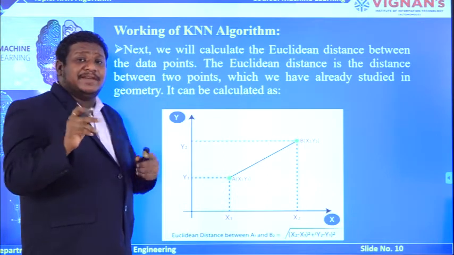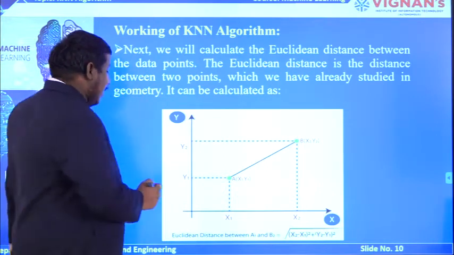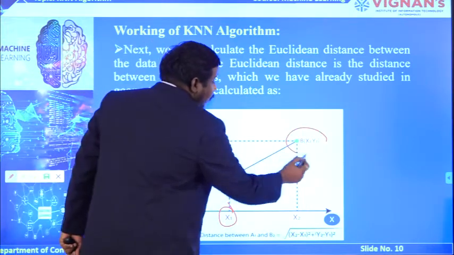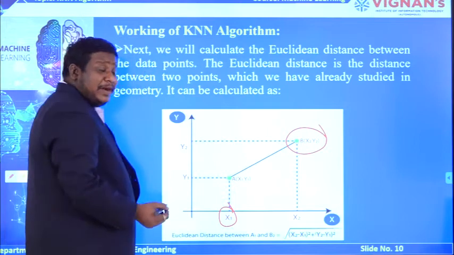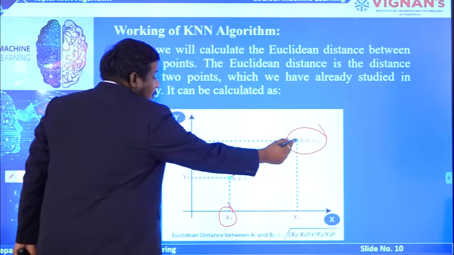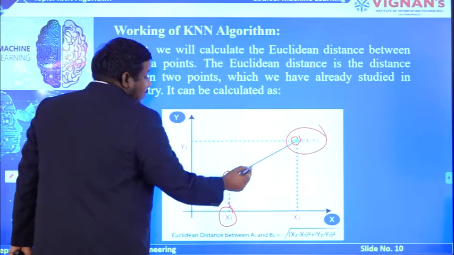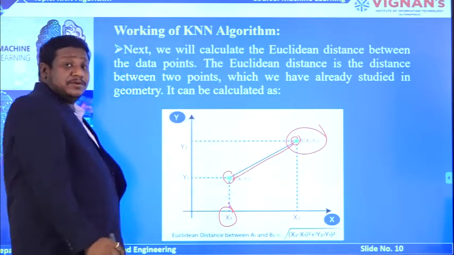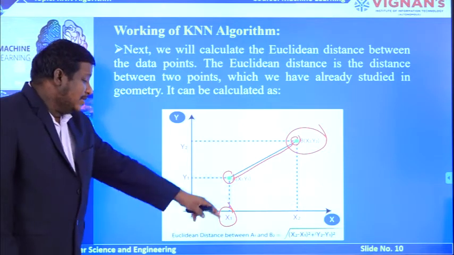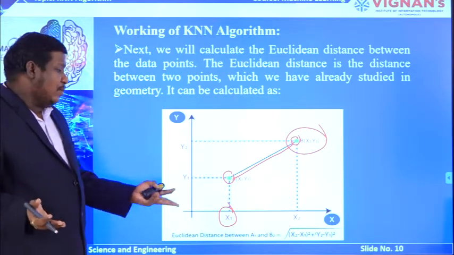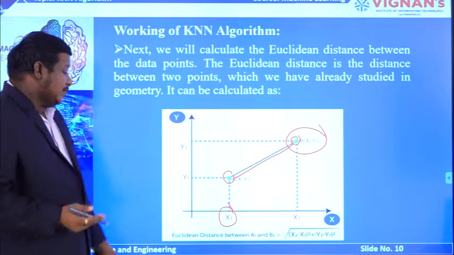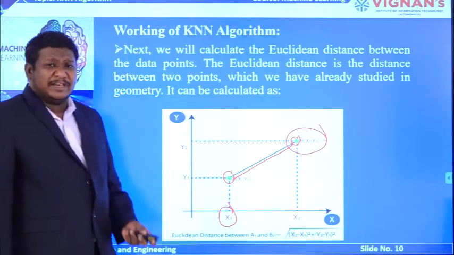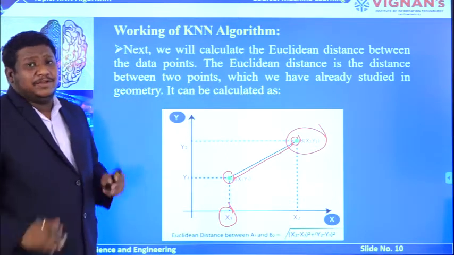I told you, x1 and y1 belong to category A and x2 and y2 belong to category B. Now you need to calculate the Euclidean distance between these two, x1, y1 and x2, y2. So what formula do we use? This is the basic mathematical formula used to calculate the Euclidean distance. It is simple: the square root of (x2 minus x1) squared plus (y2 minus y1) squared. With that you will get the Euclidean distance.